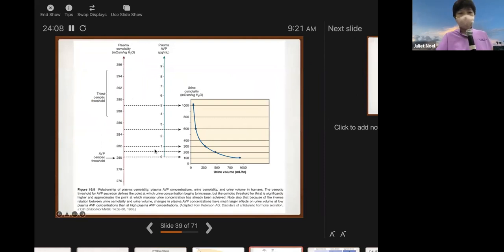As I mentioned, at 280 is the vasopressin threshold because of osmolality, and when you have increasing osmolality, you also trigger your thirst mechanism. And the osmotic threshold of thirst is 290.